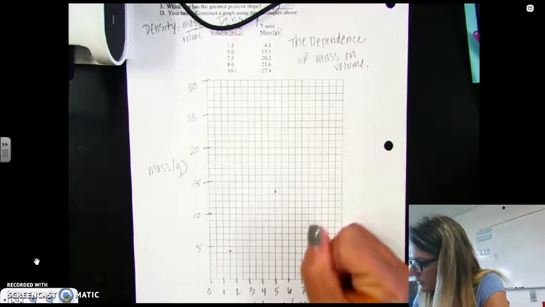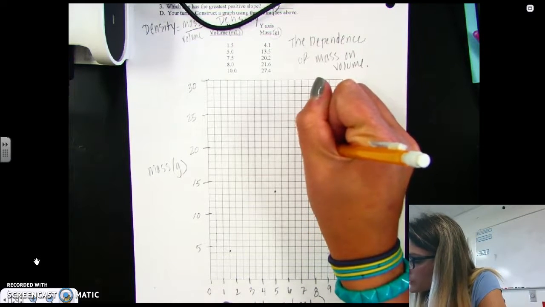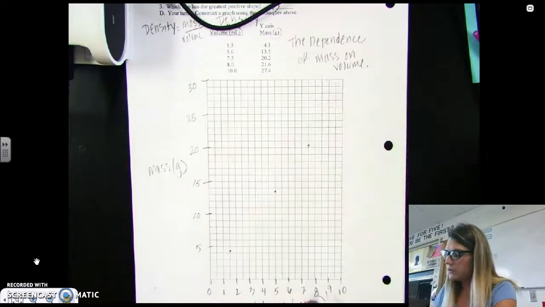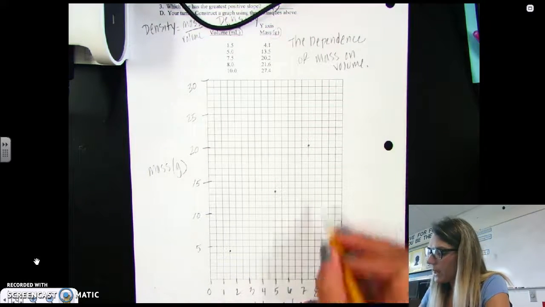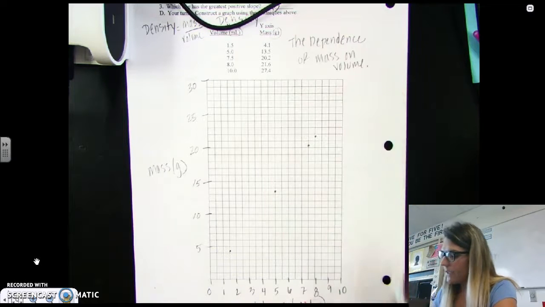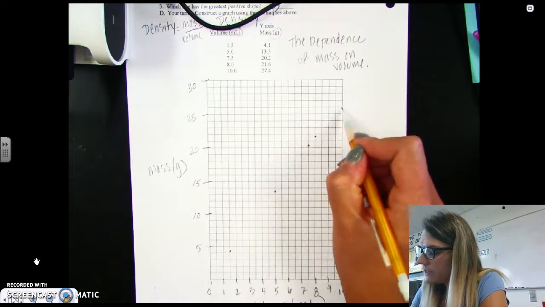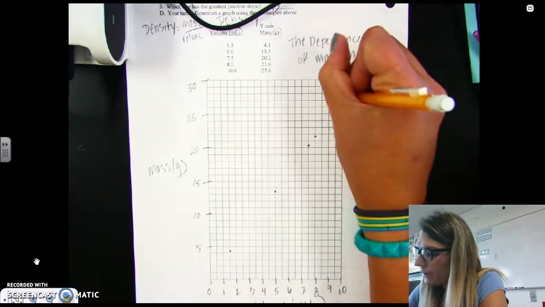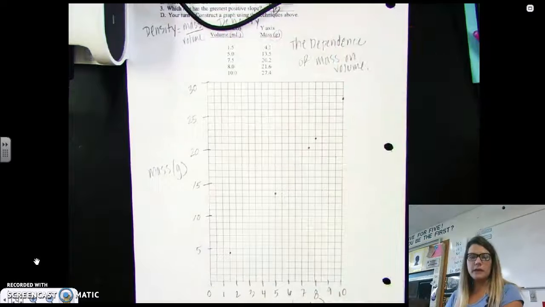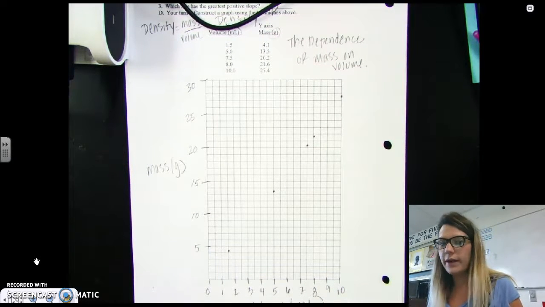Then 8, 21.6, and then 10, 27.4. So here's 25, 26, 27.4. Okay, so all my data points are plotted here.